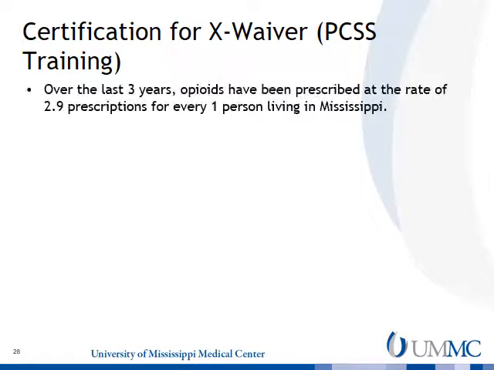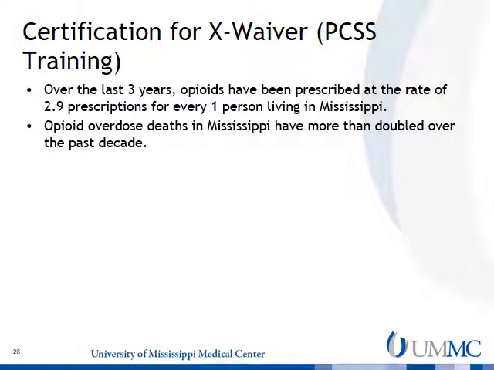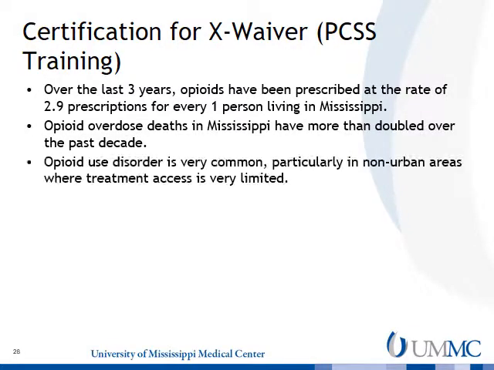Over the last 3 years, opioids have been prescribed at the rate of almost 3 prescriptions for every 1 person living in Mississippi. Opioid overdose deaths in Mississippi have more than doubled over the past decade, and opioid use disorder is very common, particularly in non-urban areas where treatment access is very limited.